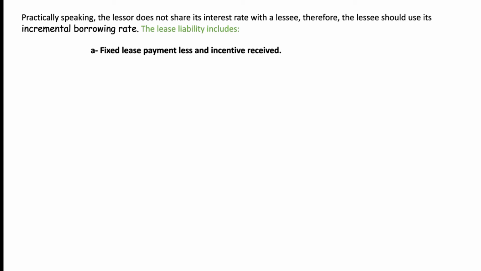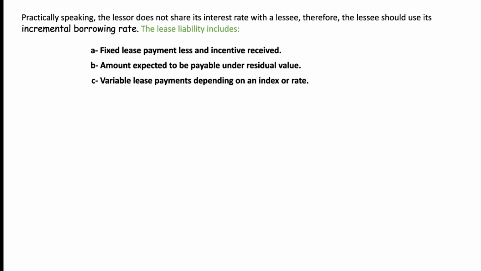And we need to exclude or remove any incentive received. Then the amount expected to be payable under residual value. And we have variable lease payments depending on an index or rate, and the purchase option.